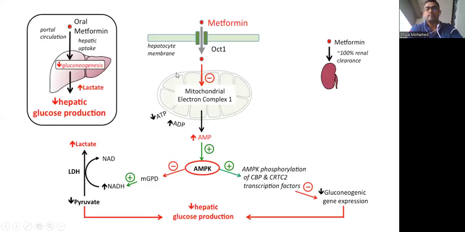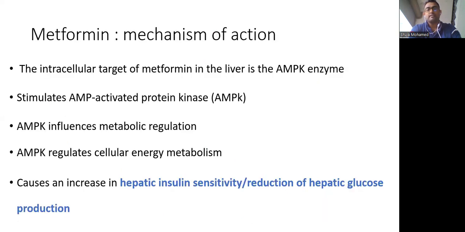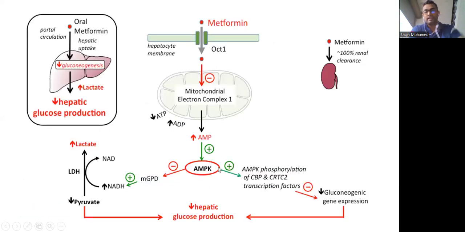This is just a diagram. Metformin comes and binds in the hepatocyte. The site of action of metformin is the liver cell. It initiates an increase in AMP, so it forms AMPK, AMP activated protein kinase. This AMPK, via other pathways, reduces hepatic glucose production.